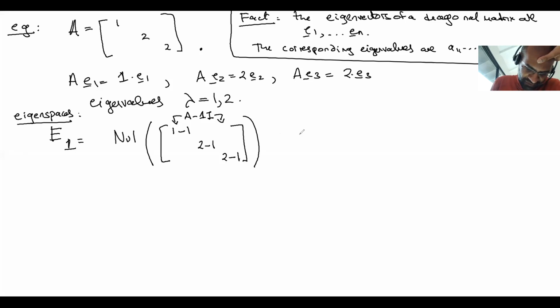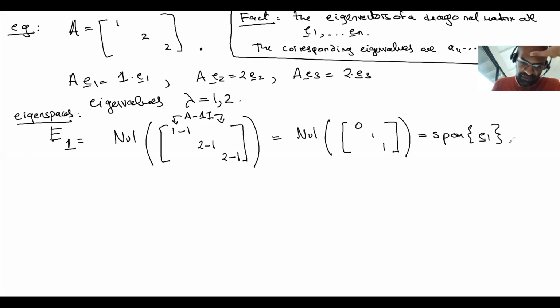And this is the null space of the matrix 0, 1, 1, which is the span of E1. And indeed, every non-zero vector in the subspace is an eigenvector of A. I could have done 2E1, or 3E1 or minus 2E1. So really the right way to think about the solutions is this span of E1. And of course, the 0 vector doesn't count.